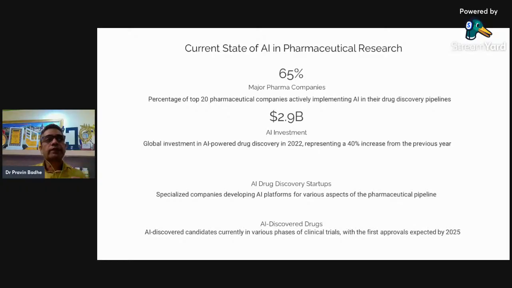And when we look at the startups, there are more than 250 startups already working in AI drug discovery, where they are developing AI based platforms, so that various aspects of the pharmaceutical drug discovery pipeline can be addressed. And to look at the outcome of that, we can see that more than 15 drugs are already in clinical trial, and we can actually see approvals of these drugs in 2025.